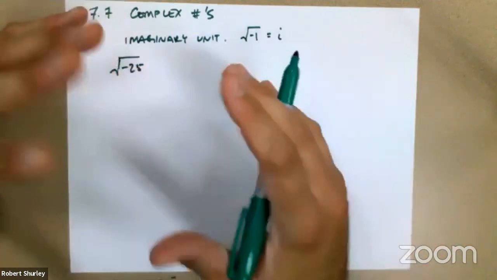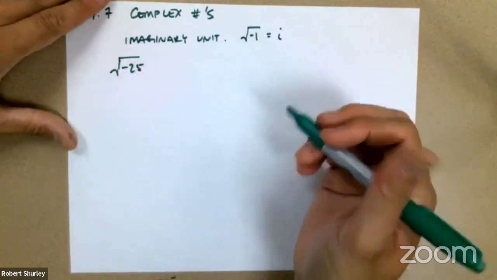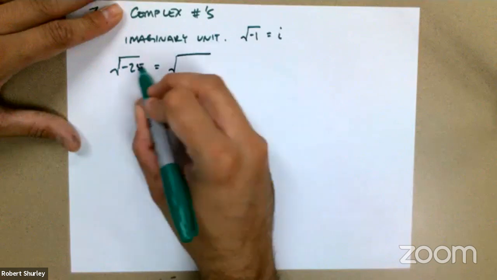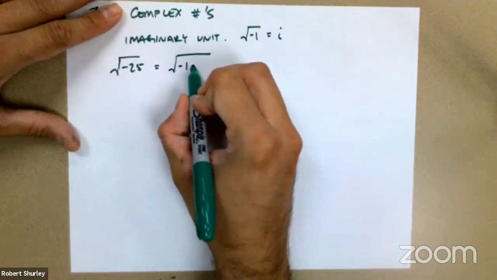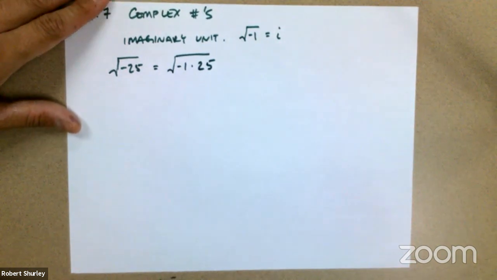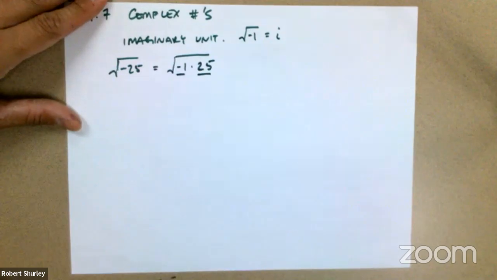And I'm going to show you kind of the long way how it works before we just get to more simplifying examples. The long way, what happens is you can write this negative 25 as negative 1 times 25, right? And then what we can do is take the square root of both of these, okay?